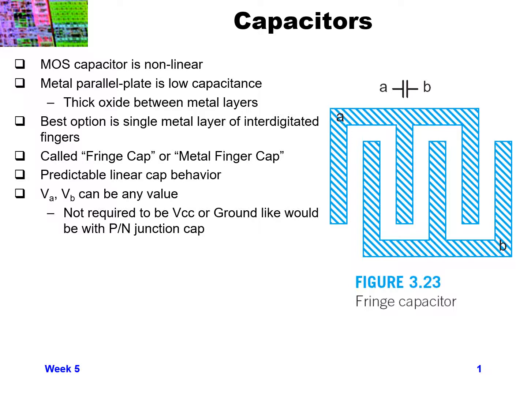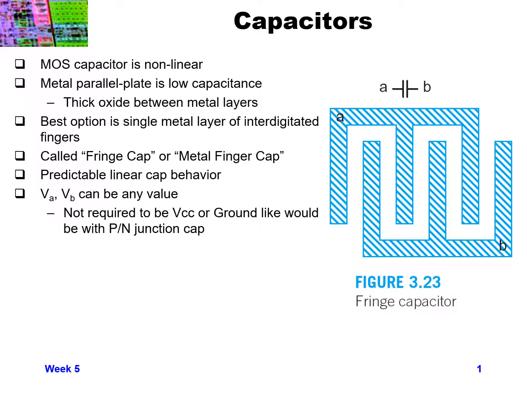In order to have a decent increase in density of the number of metal lines we can have, we have a fairly tall metal line compared to the space between metal lines, which tends to give us a good ratio to get some capacitance out of that. This is sometimes called a fringe cap or a metal finger cap.